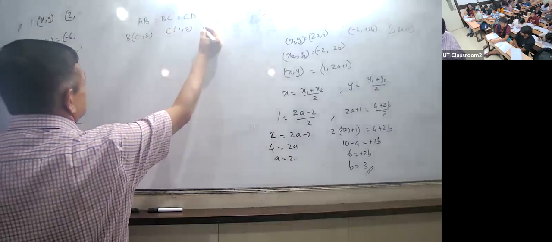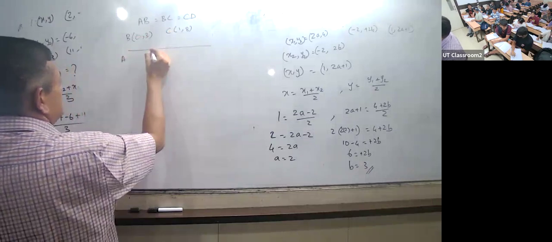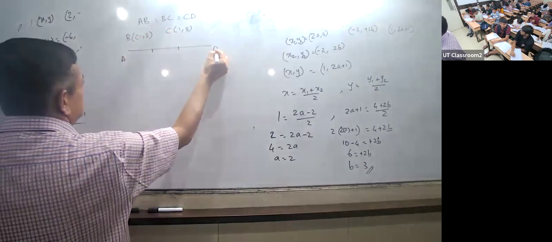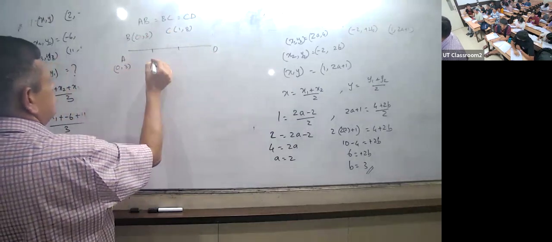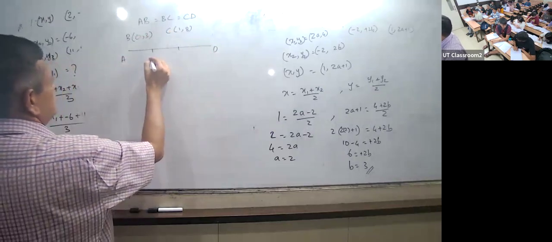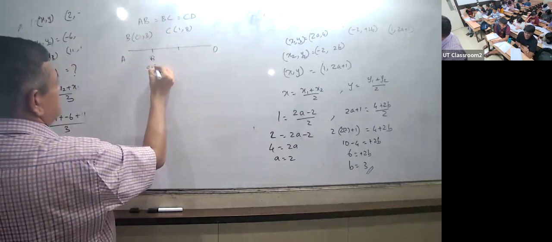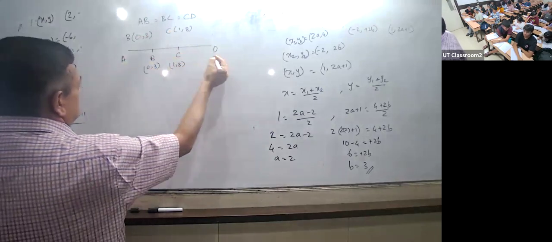Find the coordinates of A and D. So A, B, C, D. B is 0, 3. And C is 1, 8. And D we don't know.